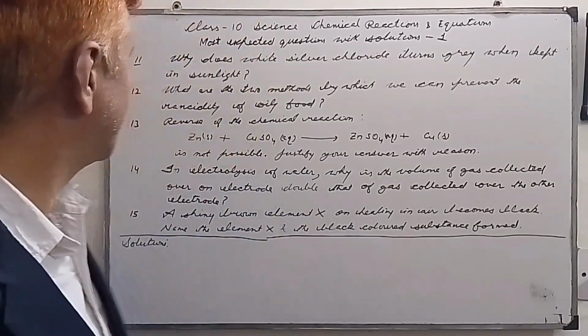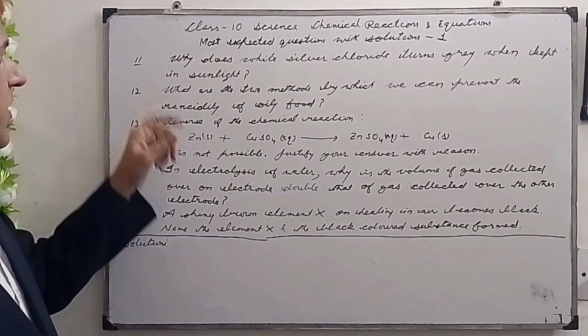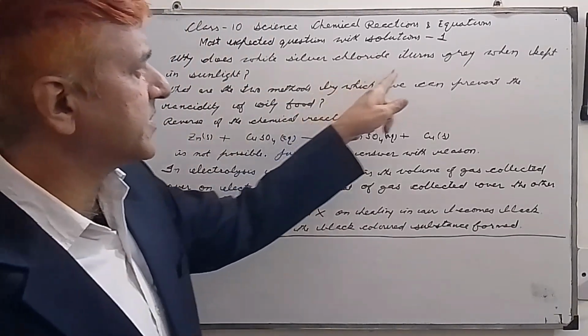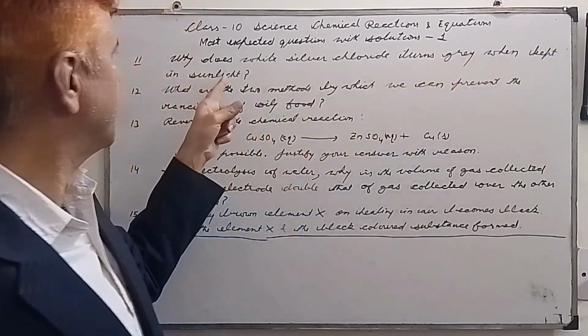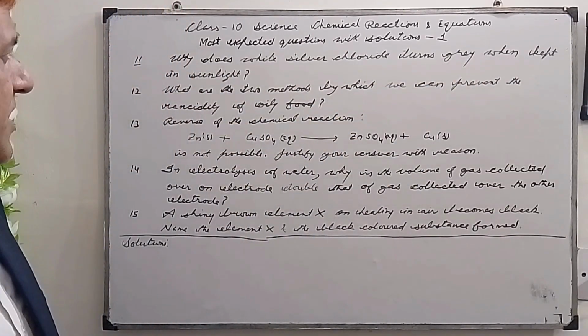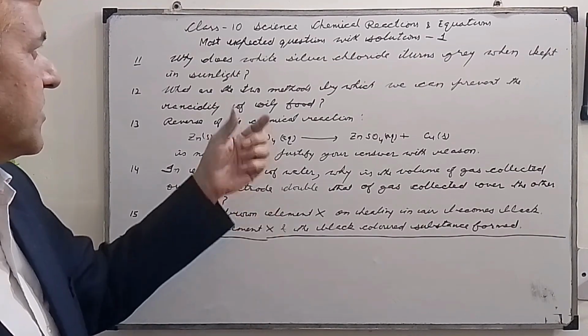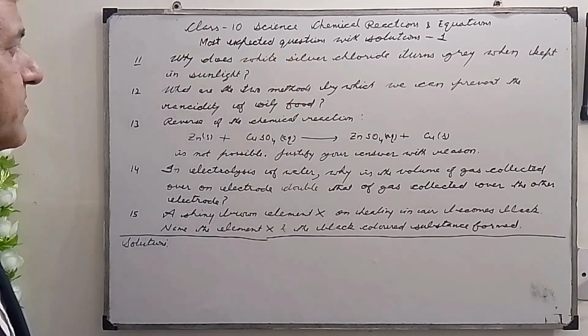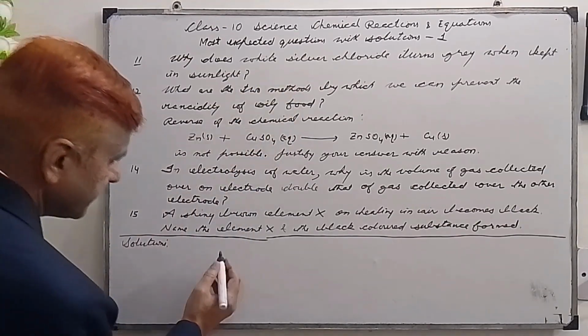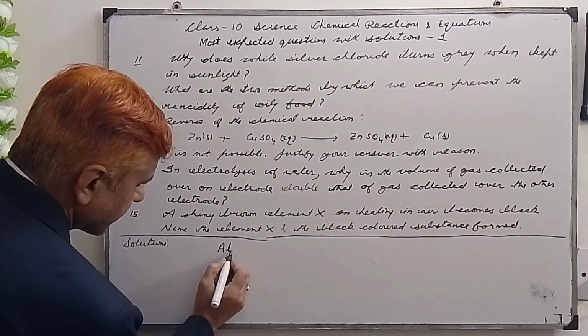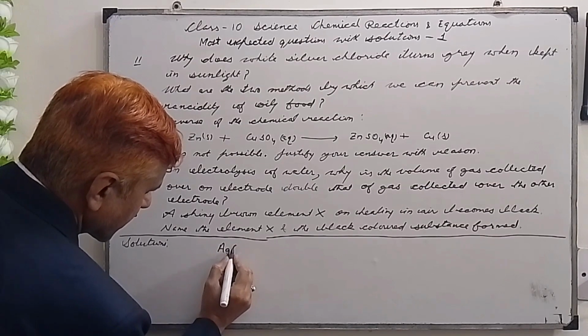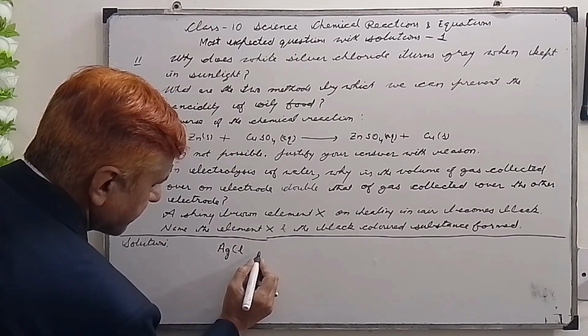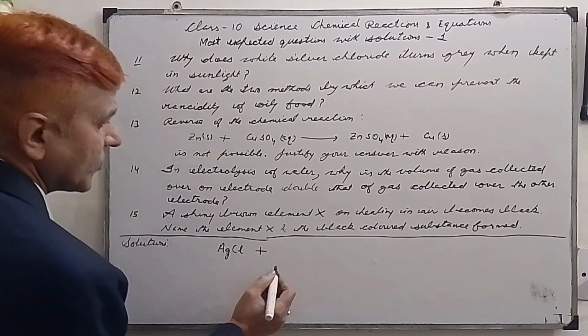So my dear students, our next question is, why does white silver chloride turn gray when kept in sunlight? What is the chemical equation for this reaction? Silver chloride plus sunlight.